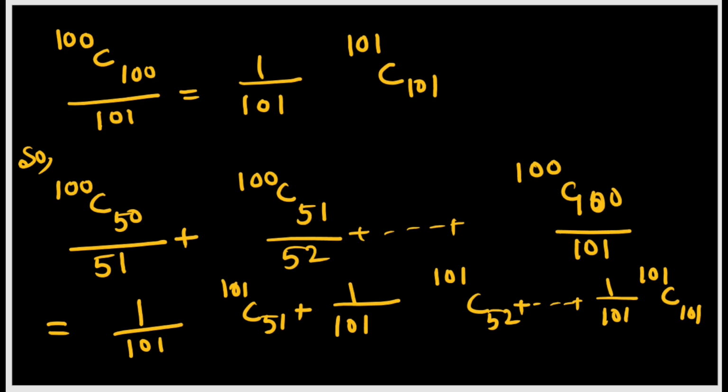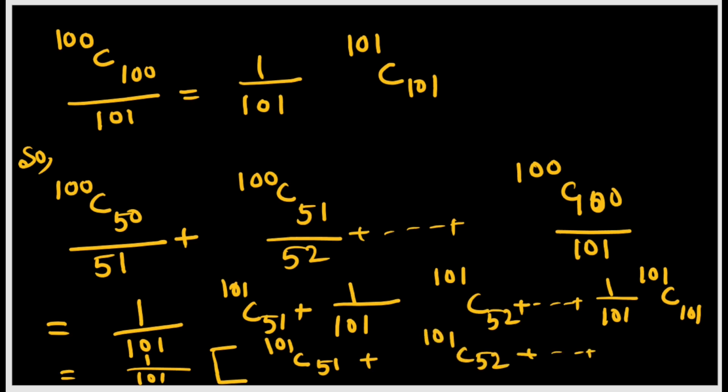So each term contains 1 over 101, so it goes outside as common: 1 over 101 times 101 C51 plus 101 C52 up to 101 C101. So we need to calculate only this sum.